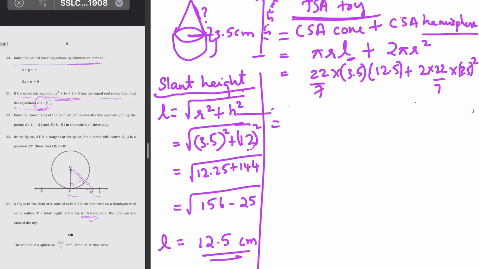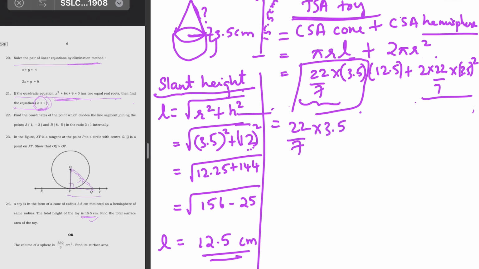That is equal to, we can take 22 by 7 and 3.5 out because they are common. So 22 by 7 into 3.5, if it is taken as common, we remain with 12.5 plus 2 into 3.5. 3.5 is taken out.